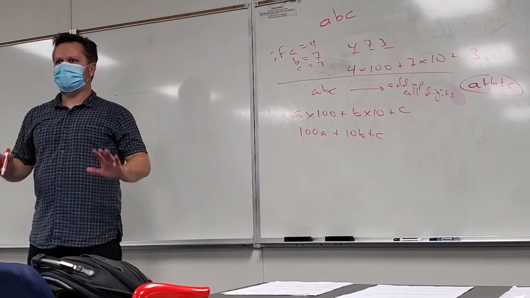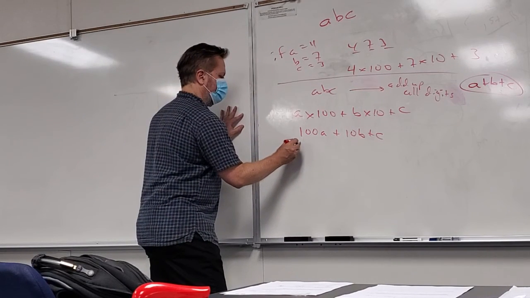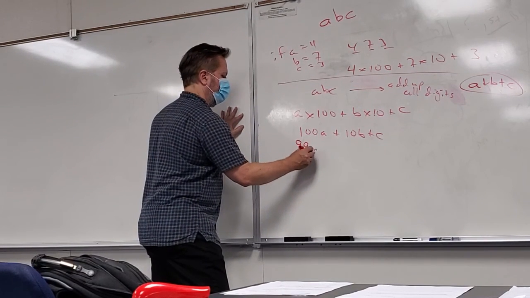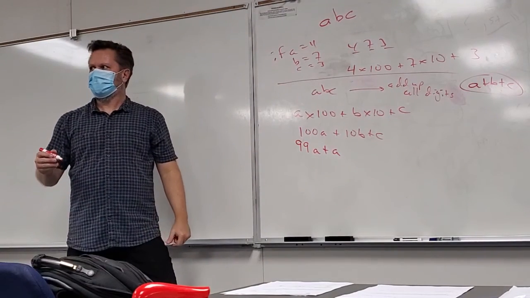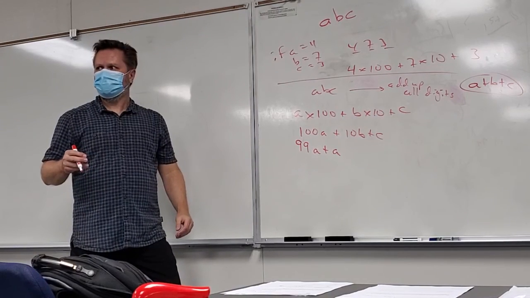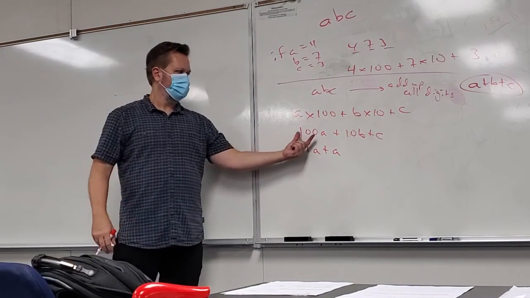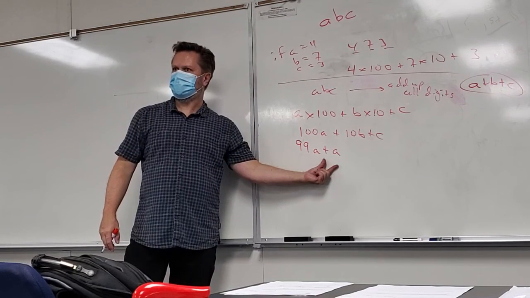All right, now watch this. Let's see if you see why this makes sense. I'm going to rewrite this like this. That's the first step. Isn't that true so far? I don't know where you got the 99 from. Well, 100A, isn't that 99 A's plus 1A? Yes. Why is that kind of nice?